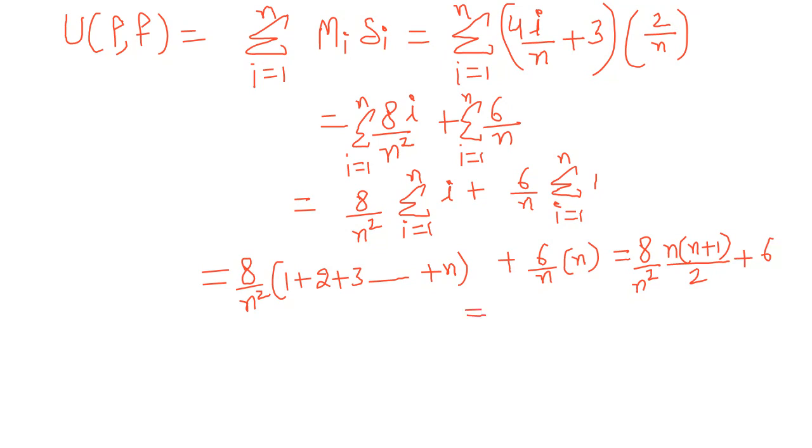So it will be 4, take out n square common, n square (1 plus 1 by n) plus 6. So this is your LPF and UPF.